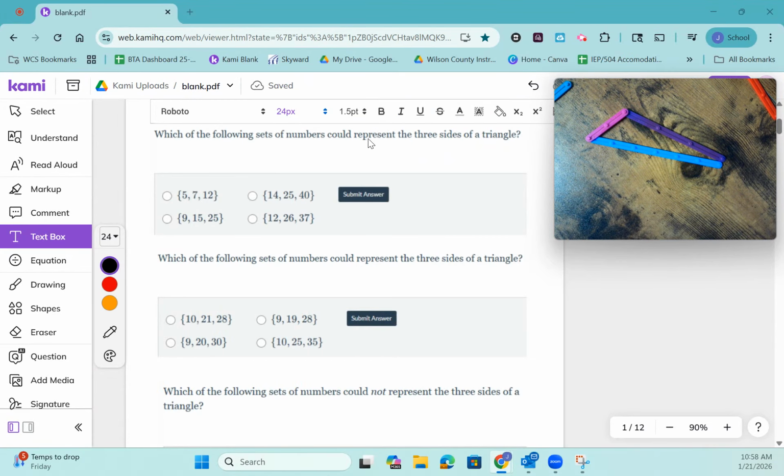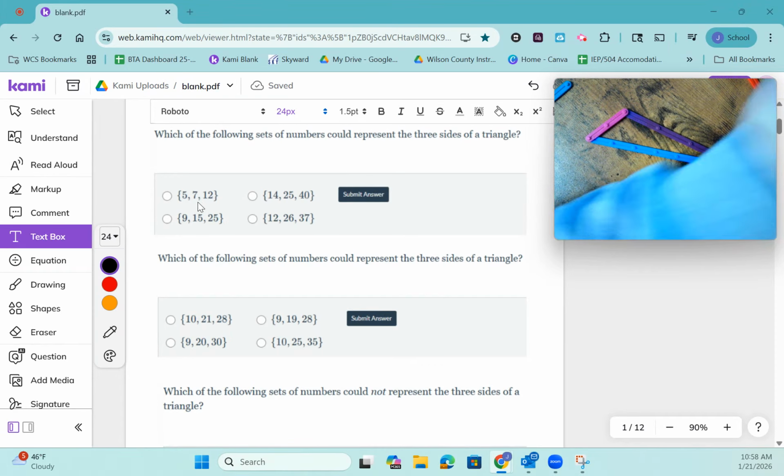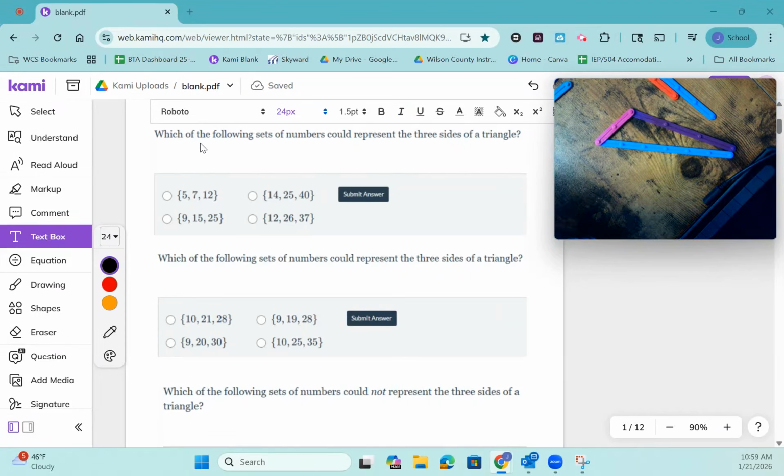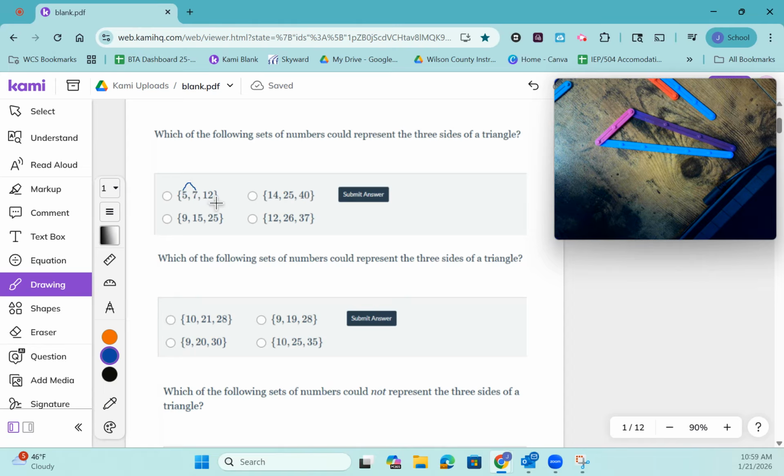Which of the following sets of numbers could represent the three sides of a triangle? Here they give us three side lengths, 5, 7, and 12. Based on what we just talked about, the two smaller sides have to be larger than the longest side. 5 plus 7 is 12, and 12 is not greater than 12.